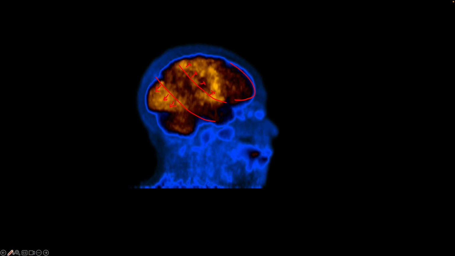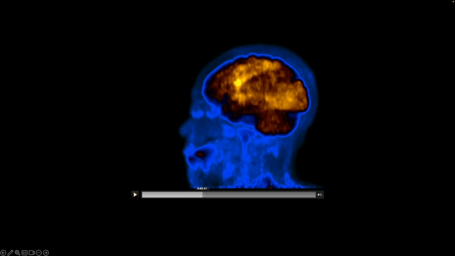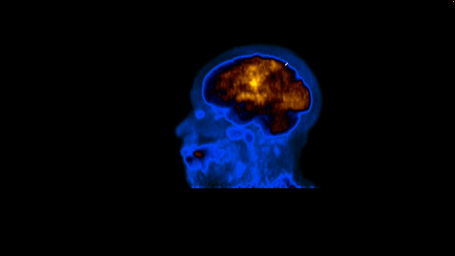All right, so I'm going to erase all of this and rotate this to the other side and show you the same finding of parieto-temporal hypometabolism in a band-like fashion with preserved sensory motor cortex, visual cortex, and the subcortical nuclei, involvement of the frontal lobe.